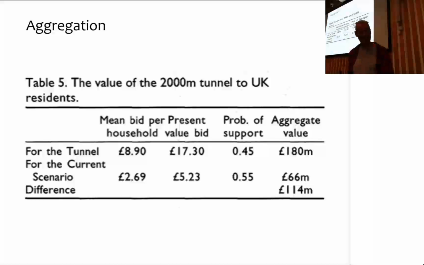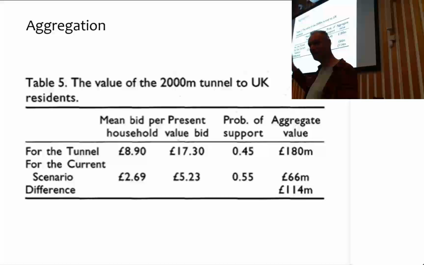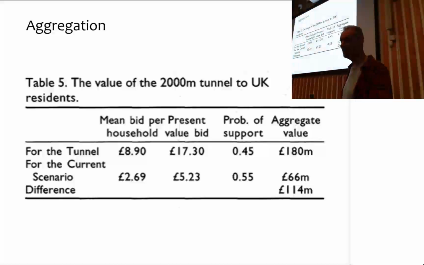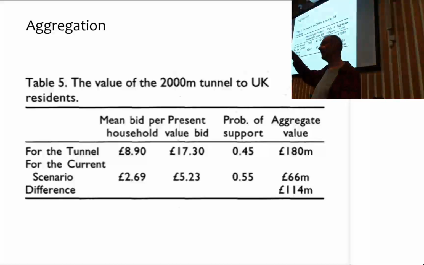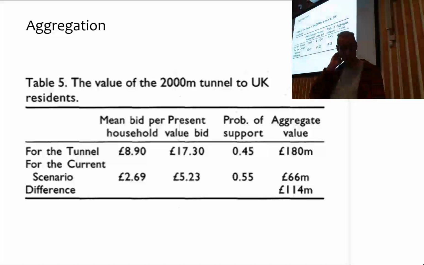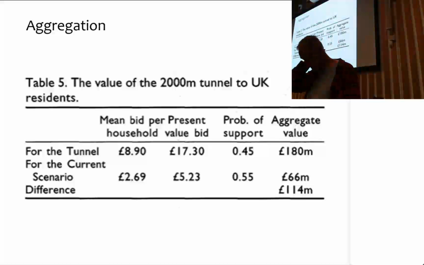Now, because the people who were willing to pay for the tunnels were in a minority but were willing to pay 3 times as much, actually their aggregate value exceeds those who were willing to pay to keep things as they are, and the difference between the two is 180 versus 66 million, and the difference is 114 million.